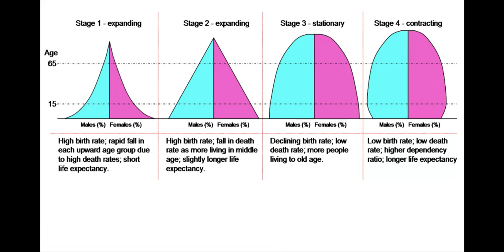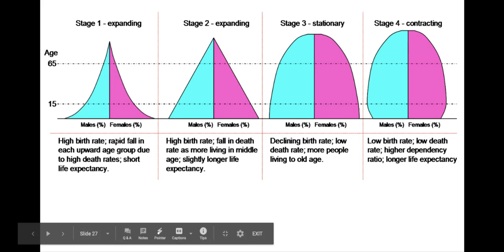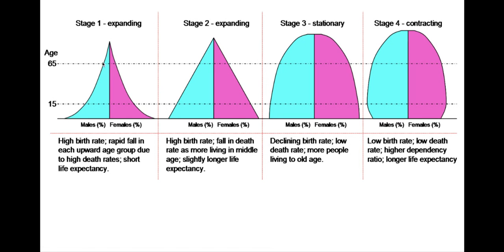Populations that have a high birth rate will have a very broad base over here. They are going to show not a lot of older people. And then you see that this age range, 15 to 65, represents the reproductive age for this population. This reproductive age means people that are able to reproduce successfully in that population.